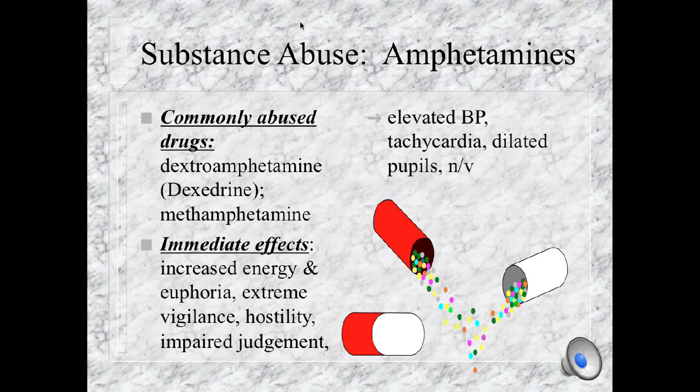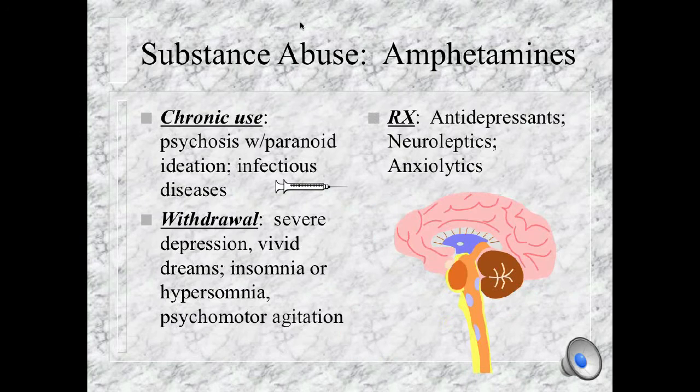If you think about amphetamines, think about the immediate effects, which are also dilated pupils and nausea and vomiting. The thing you have to be concerned about with amphetamines is that they really do deplete your dopamine, and so they alter that. So the psychosis is there, and the individual becomes paranoid after chronic use.